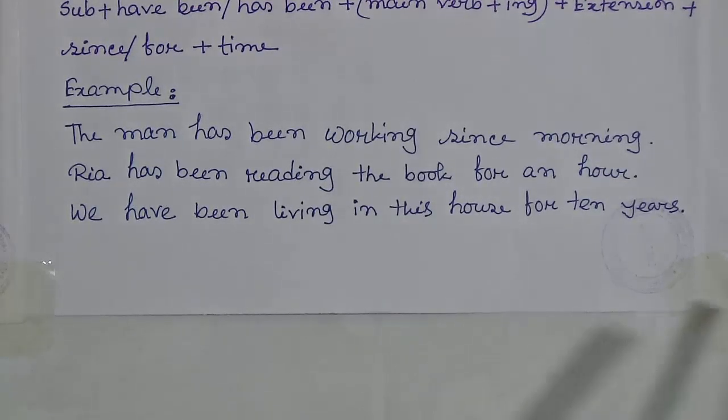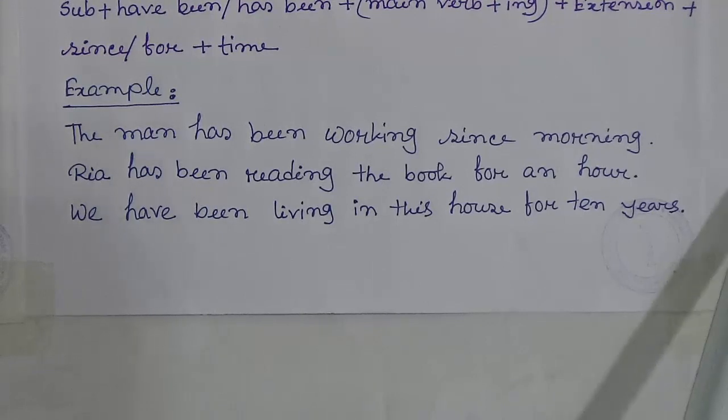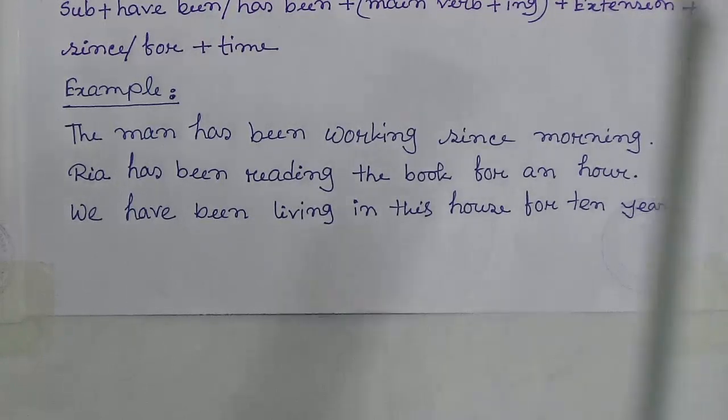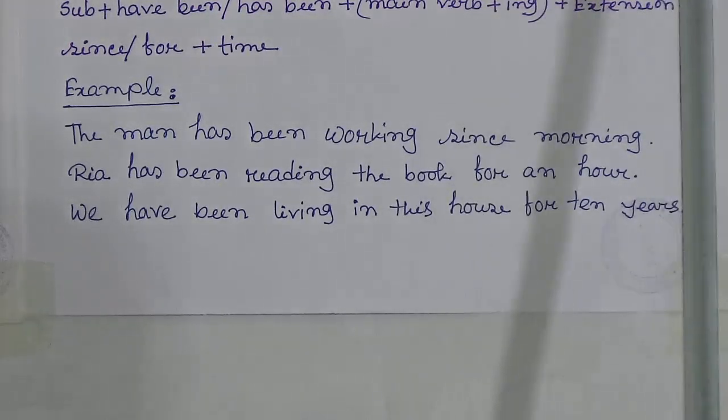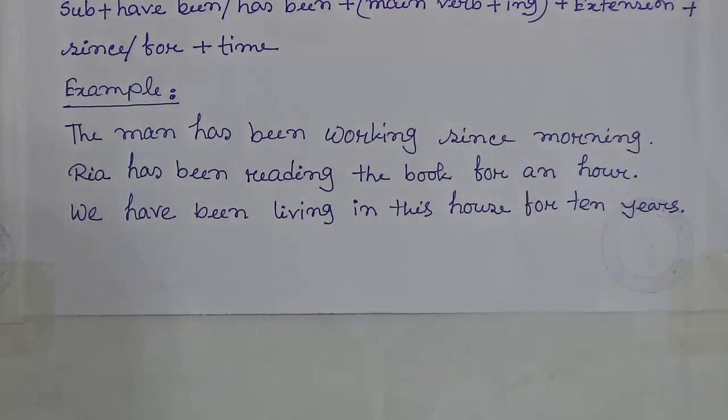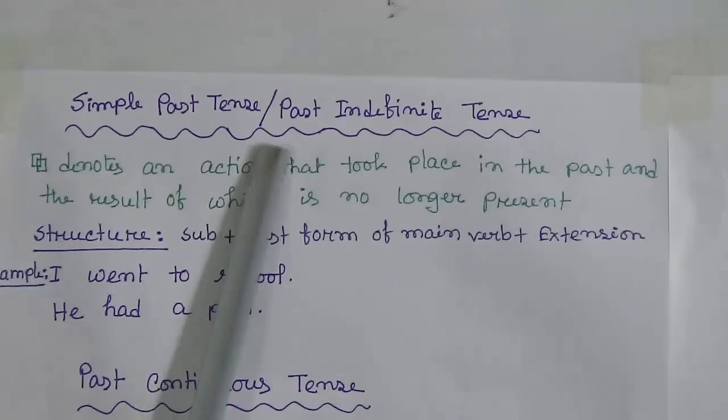Now we will start past tense, and today we will learn only past indefinite tense and past continuous tense, their structures and examples. At first, simple past tense or past indefinite tense. Past indefinite tense is called simple past tense.